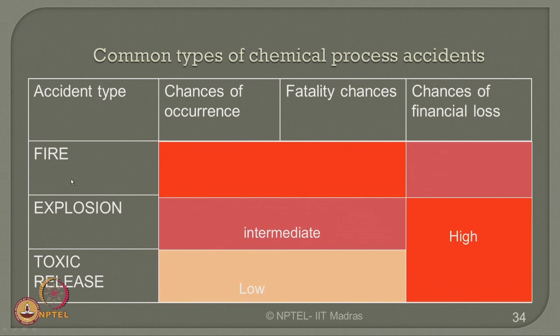However, when we look at fire, the chance of occurrence is very high, which is indicated in red color, and the fatality chances are very high, but the financial loss caused by fire is not in the higher range but only in the intermediate range. So, this is a graphical representation of different kinds of accidents happening in process industries and what would be the likelihood, the fatality and the financial loss related to these three varieties of accidents which are very common in oil and gas industries.